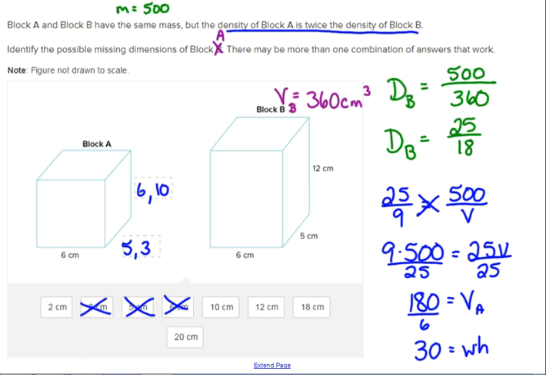Okay, 3 and 10 would also work. None of the other numbers will multiply to give us that missing dimension of 30. Okay. So this one, multi-step here, but if you take the information and just chunk it down into pieces, work with what you know to get something else that you need to know, and then go from there, you'll be able to get to the answer.